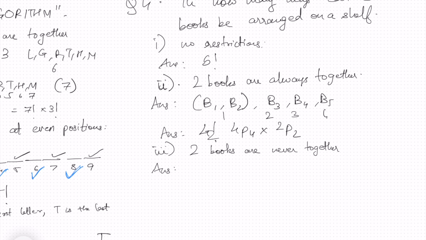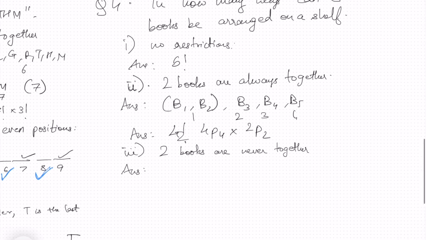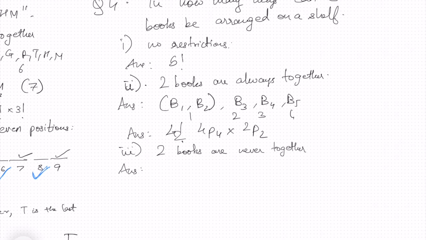The total number without any restriction of whether those 2 books are together or not is 5 factorial, and if those 2 books are always together, it is 4 factorial into 2 factorial, right? Our case now is that these 2 books are never together, and these 2 events, the 2 books being together and not being together, are mutually exclusive. That means either those 2 books will be together, or they will not be together.